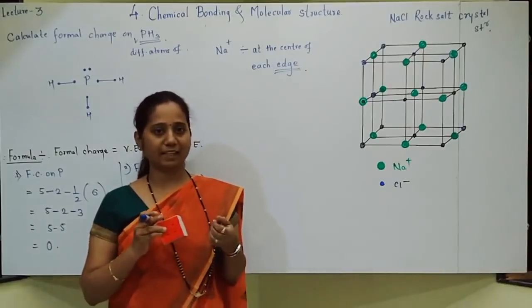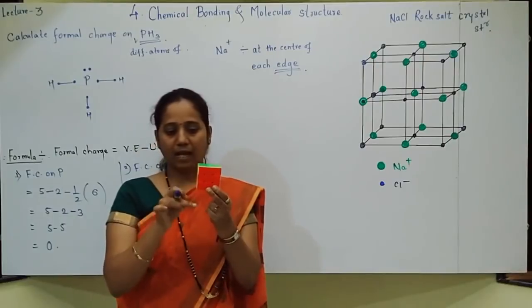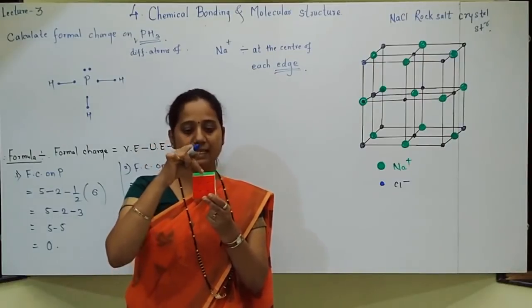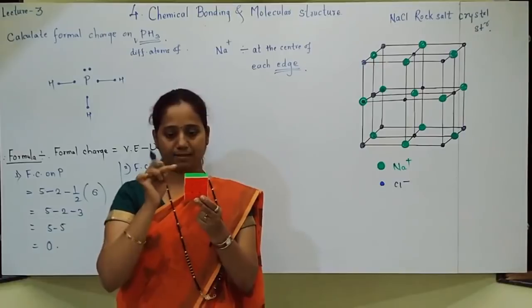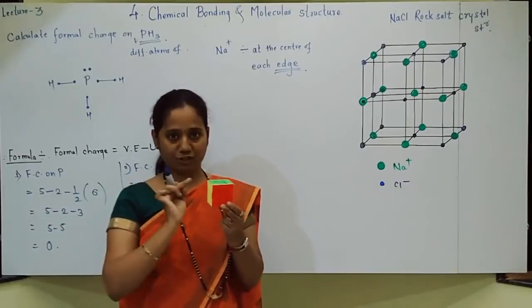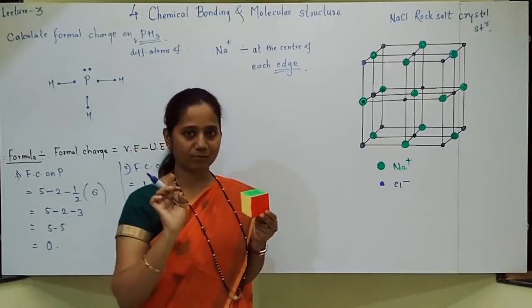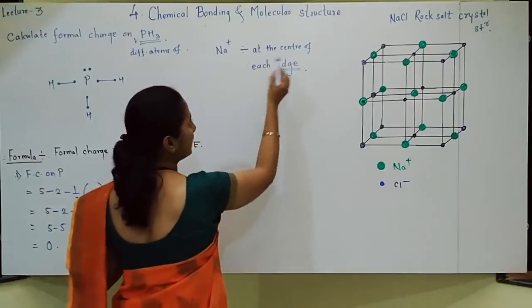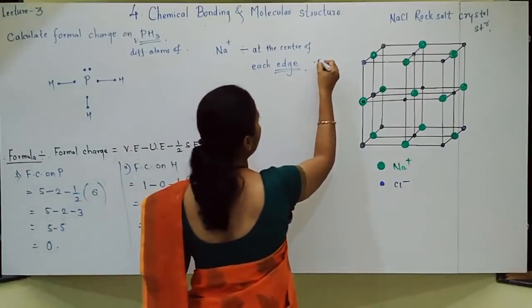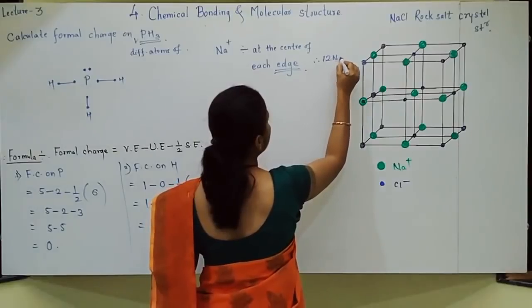How many edges are there? 12. At the center of every edge, one Na plus will be present. So at the center of each edge, I am writing 12 Na plus.